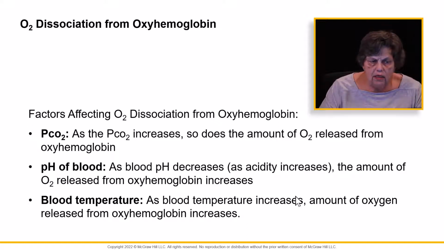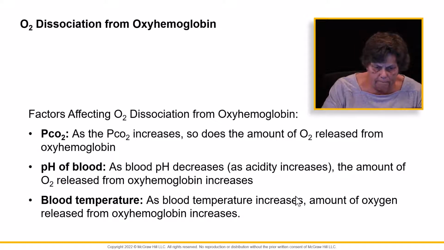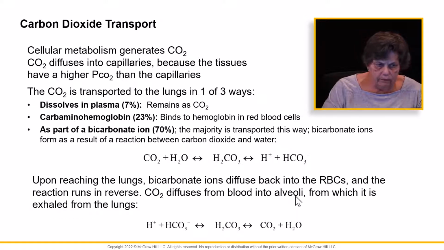Again, the pH of the blood makes a difference. As the acidity increases, as the H plus increases, the amount of oxygen released from oxyhemoglobin increases because it doesn't bind as well, and we have to provide more. All right. Okay.